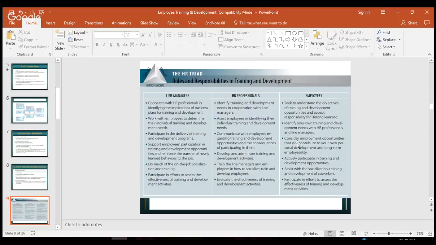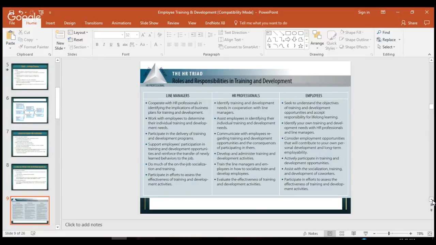Where are we heading from a career perspective? So that's where we consider employment opportunities that will contribute to our personal development. It could be not necessarily promotion, but it could be a lateral move that would help to broaden our scope of understanding of the organization's strategies and developing the competencies to get to that next level within the organization.